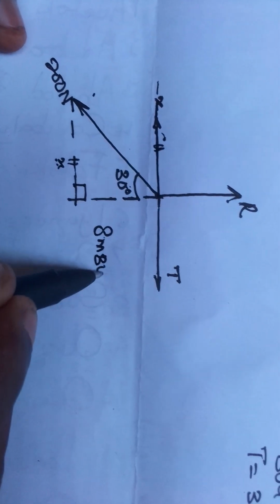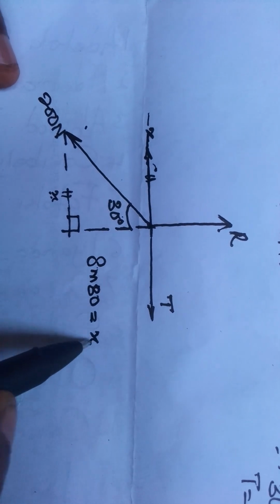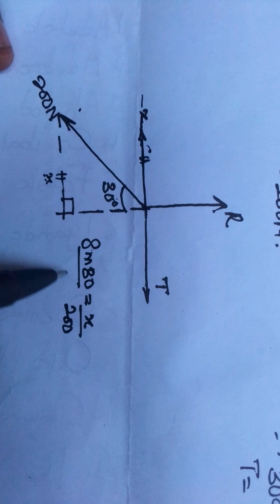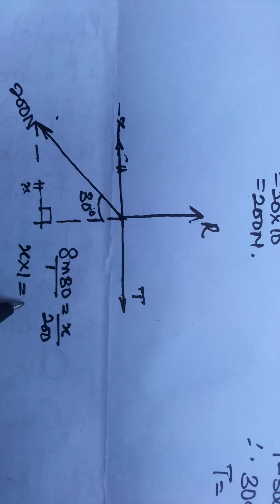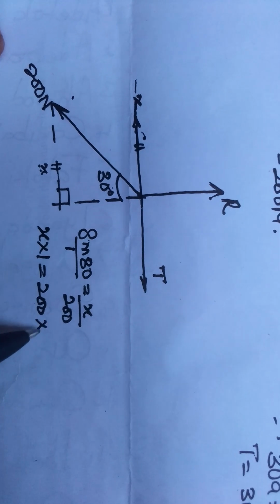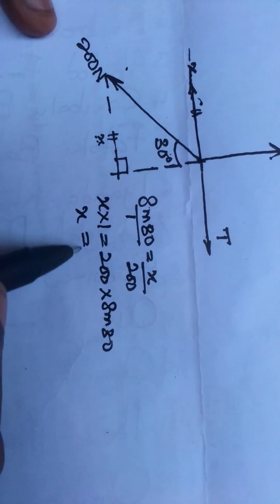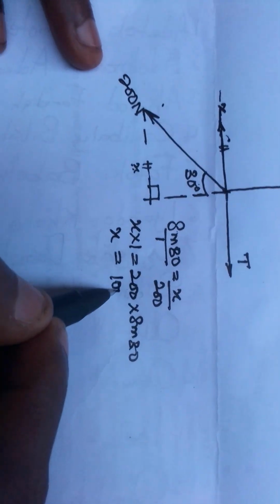So this is opposite over hypotenuse. I have sine 30 equals X over 200. So here we have this over 1. That is X times 1 equals 200 multiplied by sine 30. So X equals this times this, which gives us 100.